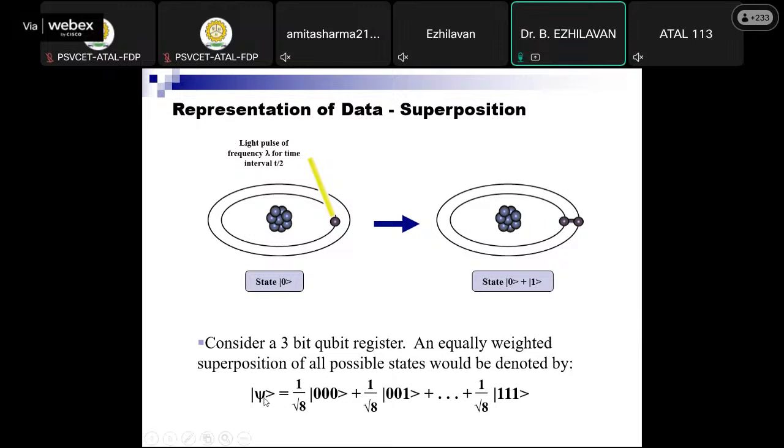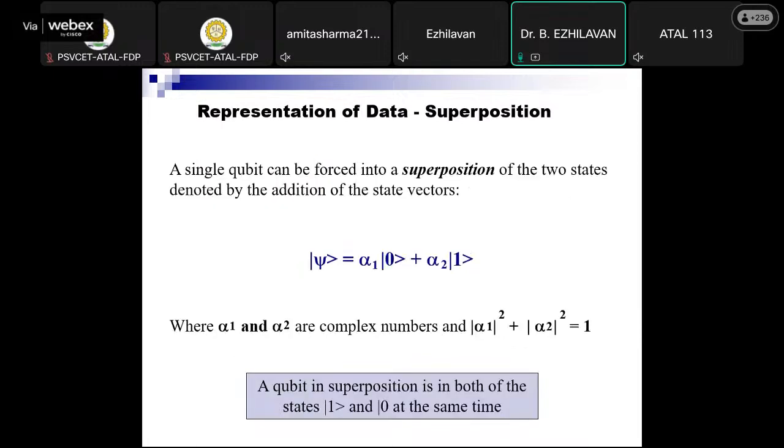So psi ket equals 1 by root of 8 for 000, plus 1 by root of 8 for 001, similarly, plus 1 by root of 8 for 111, which is 7. This is the representation of the data that we see here.